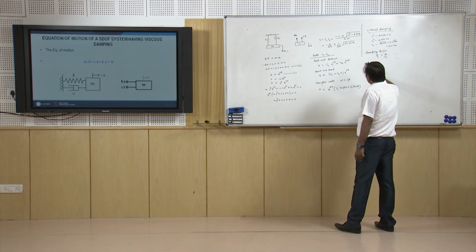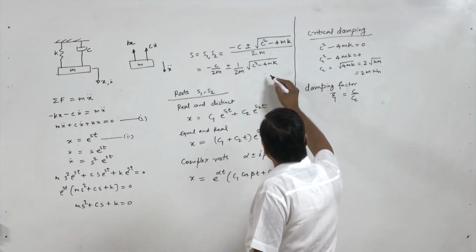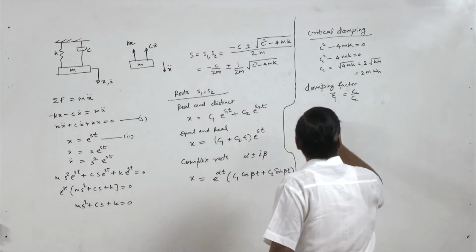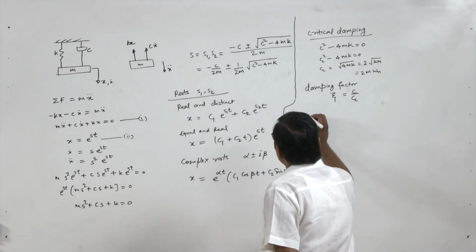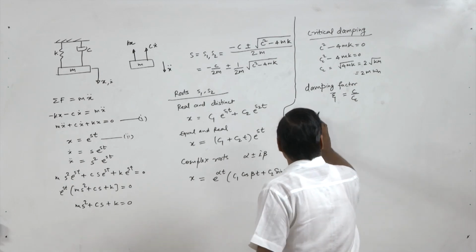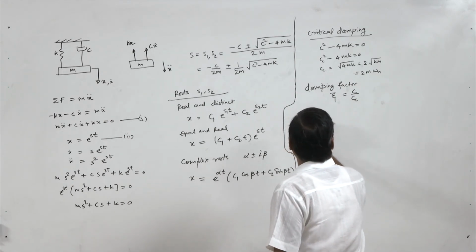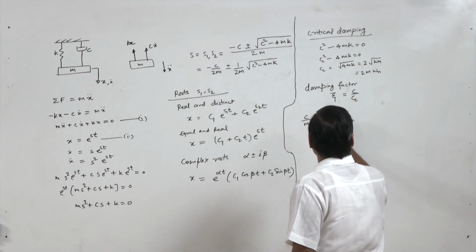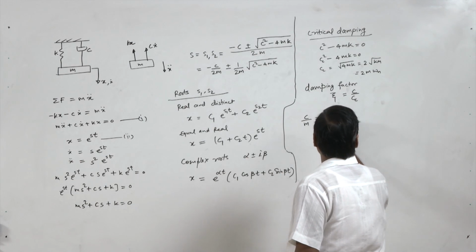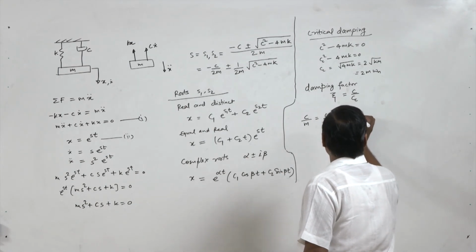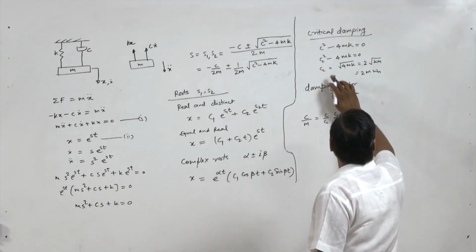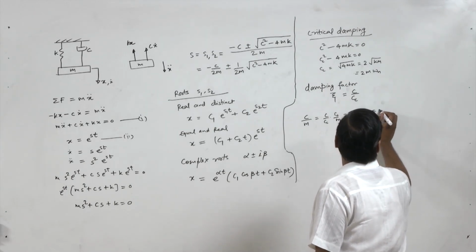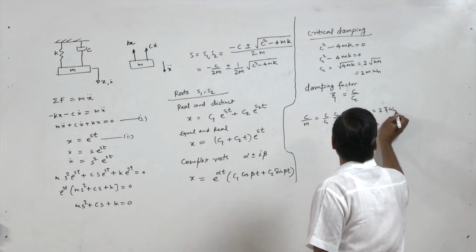Now we write this equation of s in this term. So first we write c by m. So c by m equal to c by cc into cc by m. So zeta into cc by m, which is 2 omega n, so equal to 2 zeta omega n.